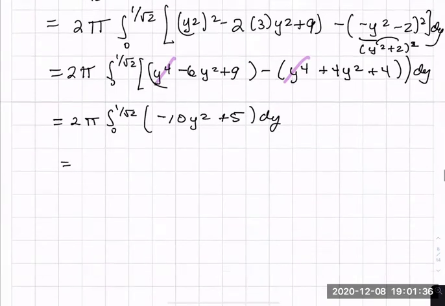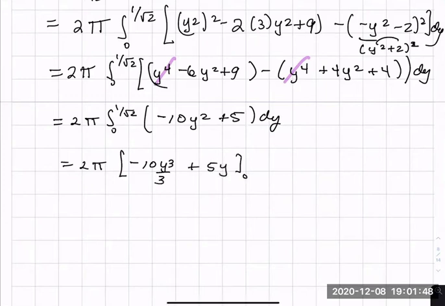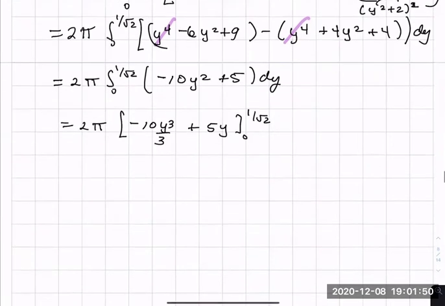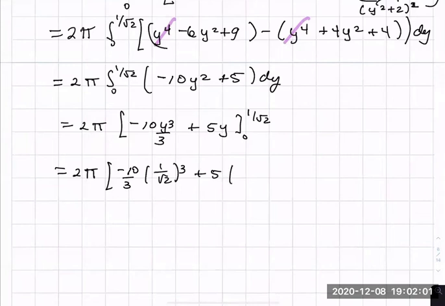And then this will give 2 pi, I'll integrate, and I'll have negative 10y cubed over 3 plus 5y, and I go from 0 to 1 over rad 2. So I get 2 pi times negative 10 thirds, 1 over rad 2 to the third power, plus 5, 1 over rad 2.